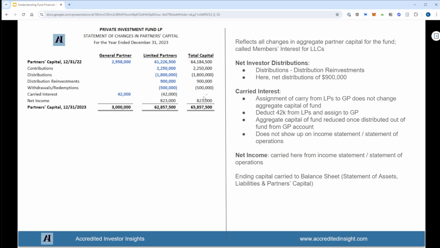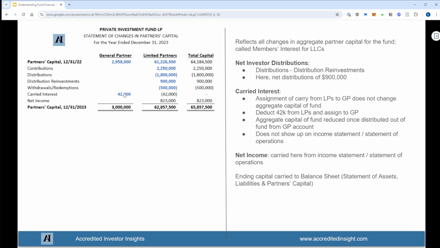It's zero until the GP actually will withdraw its own capital, redeem its own capital. But during the period, you have $42,000 in carried interest, and this is just a reallocation of equity, of capital, right? From the limited partners negative to the general partner positive. So this is not an expense of the fund. This is just a reallocation of ownership.